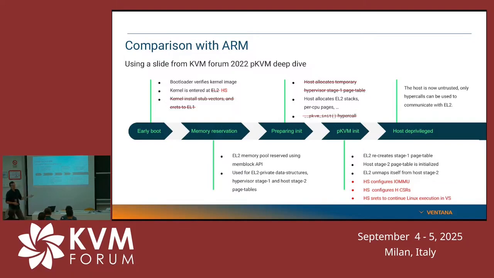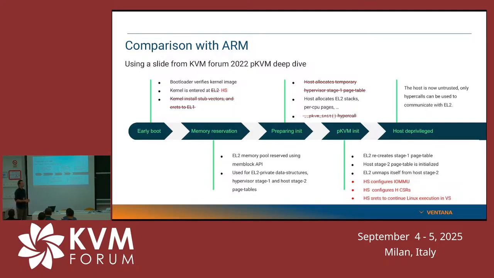And to go back to ARM, there are deep parallels. We still boot the kernel image, which contains both Linux and KVM, and because we need the trust, the bootloader needs to verify it. And the kernel isn't entered at EL2, it's HS.